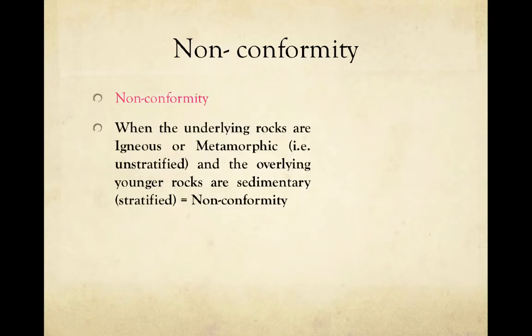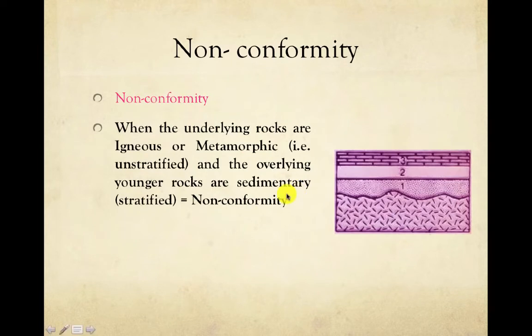Our third type of unconformity is a nonconformity. A nonconformity is when the underlying rocks are igneous or metamorphic, down here. It says i.e. unstratified. Stratified means that our rocks follow that original horizontality idea.